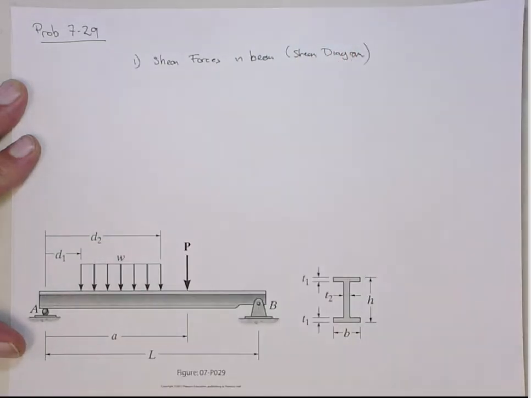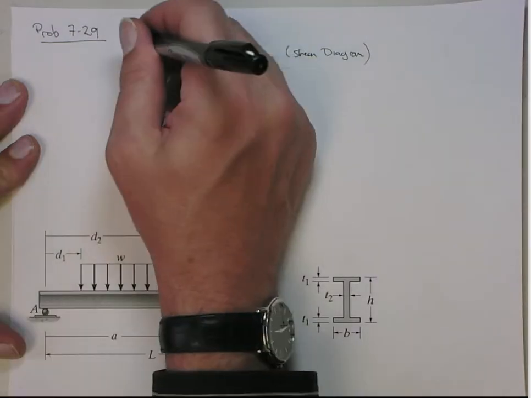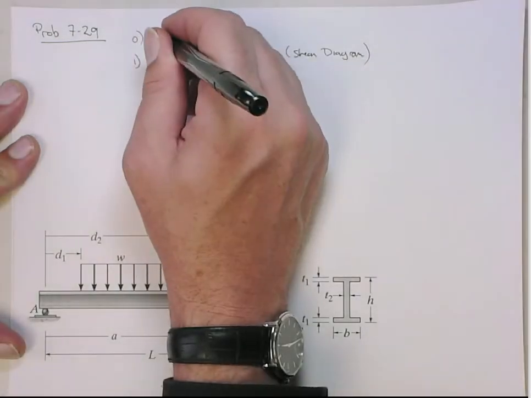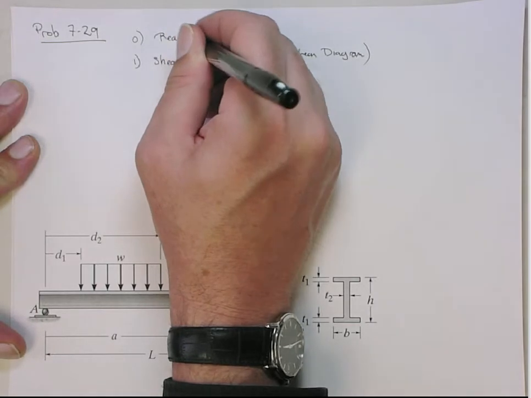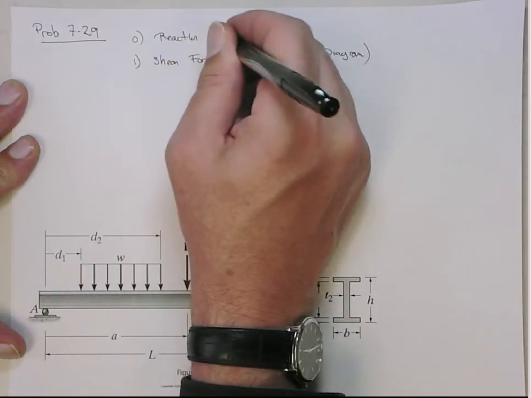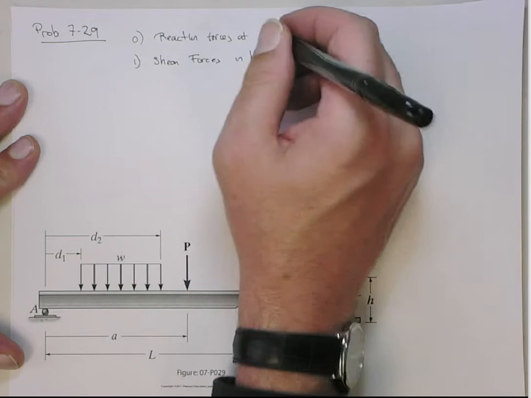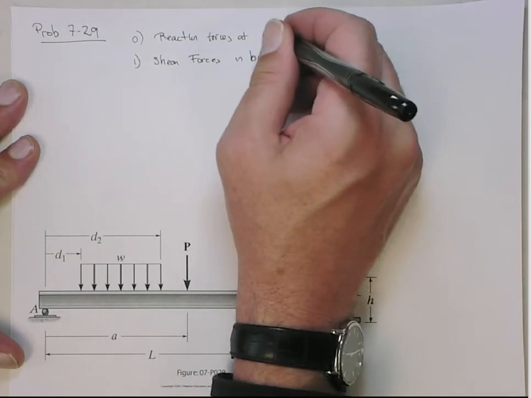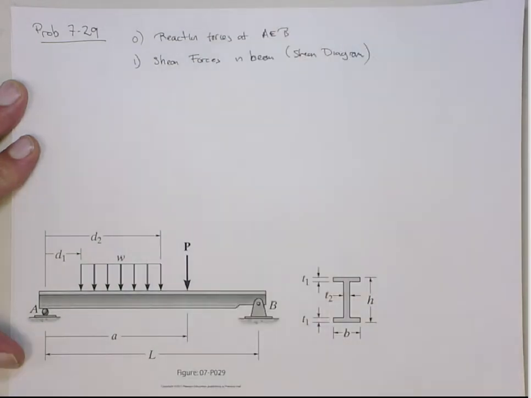That would be step one. Actually, before we do that, we're going to need to also compute the reaction forces at A and B, because those aren't given. You need at least one of them, really.